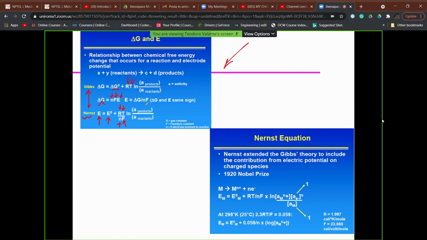In our cases, which is also called the case of solutions having a sufficient dilution, the activity can be replaced, and that's another chemistry concept, by the concentrations.